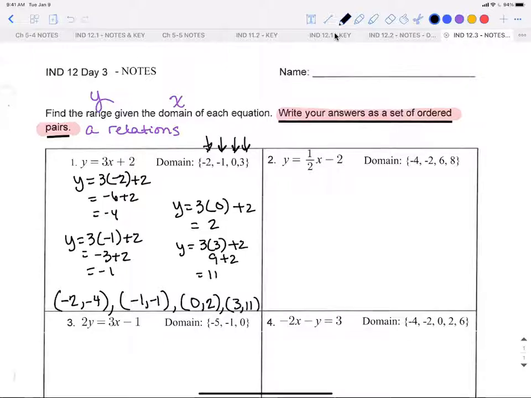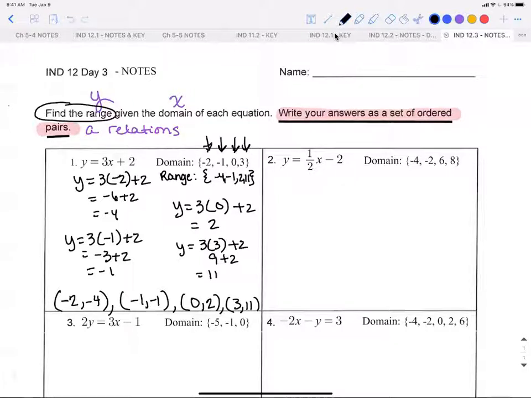Okay, so now I still have to go back, because notice what the very first thing in your directions was: find the range given the domain. So I need to come up here and I need to state my range. Well, my range was -4, -1, 2, 11.